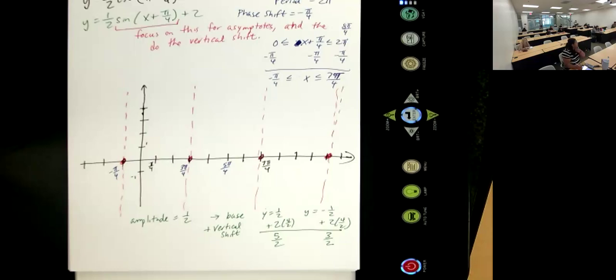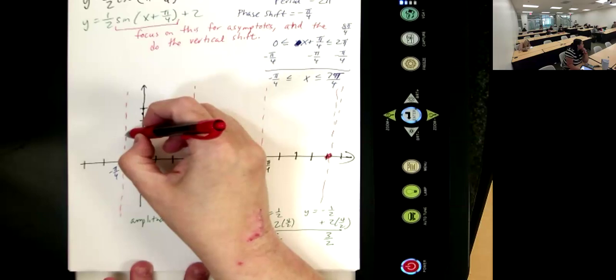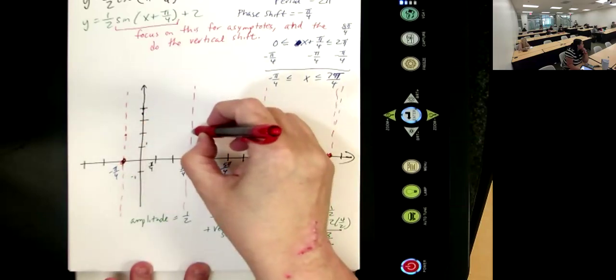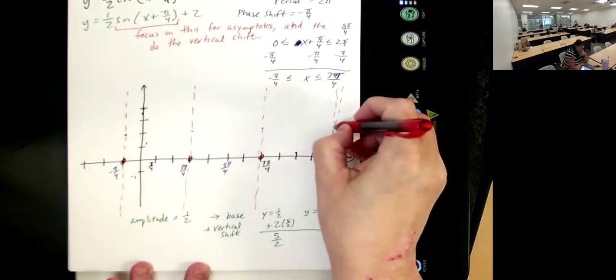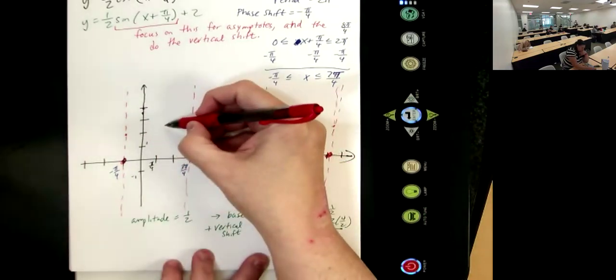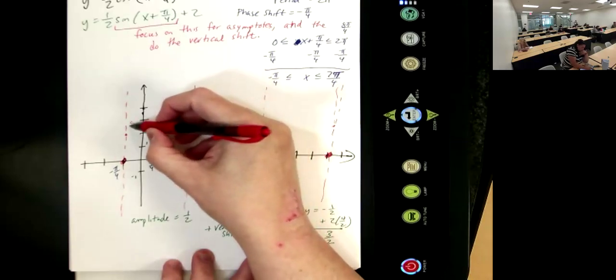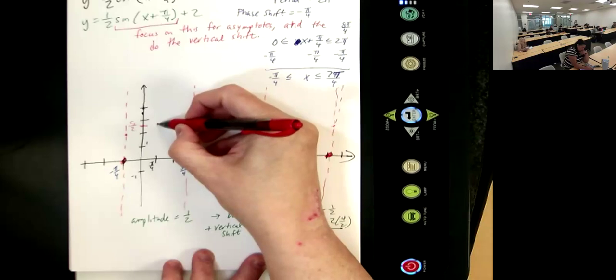And sine starts medium and goes up. So like the sine graph would start here at 2, and it looks like it's going up to 5 halves. So 5 halves, right there.